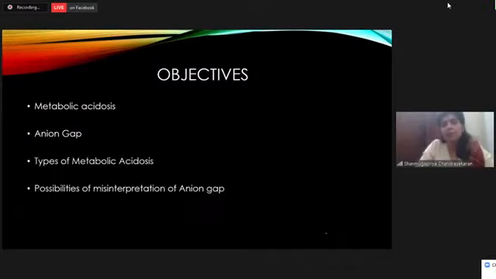And then the possibilities of misinterpretation of anion gap. Sometimes you look at an ABG chart and you think it's a case of high anion gap metabolic acidosis, but just by looking at a number, it is not going to be the right way of interpretation. Because it's a calculated value, anion gap by itself includes 4 values.